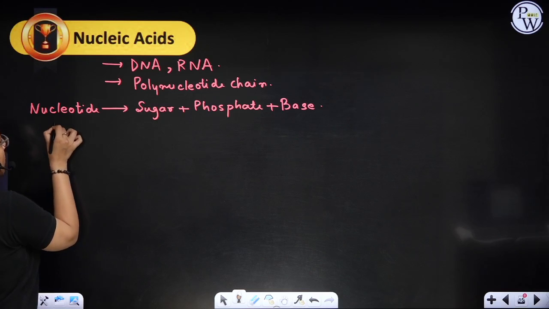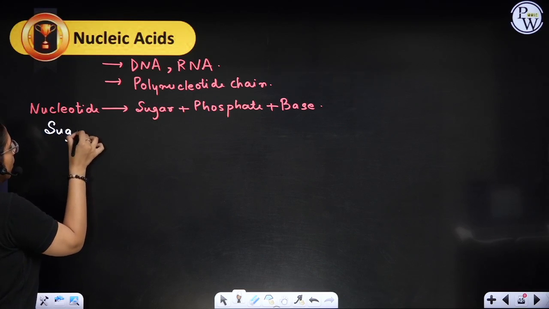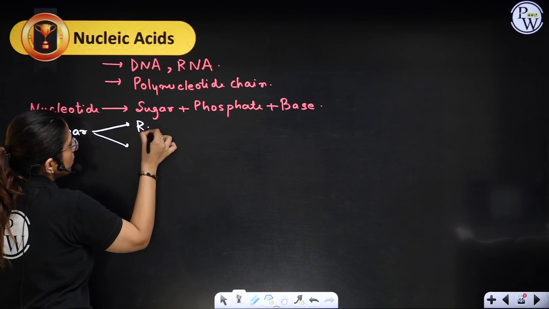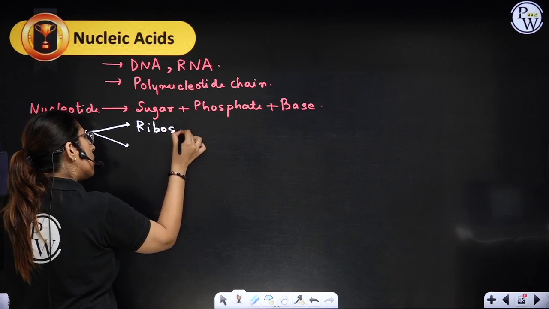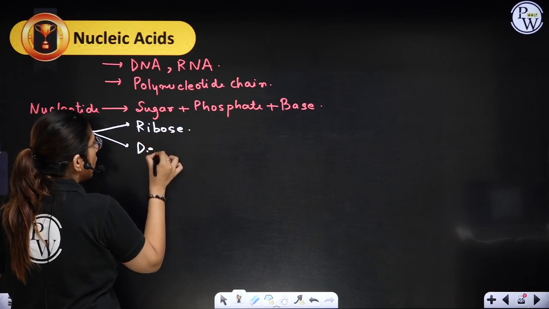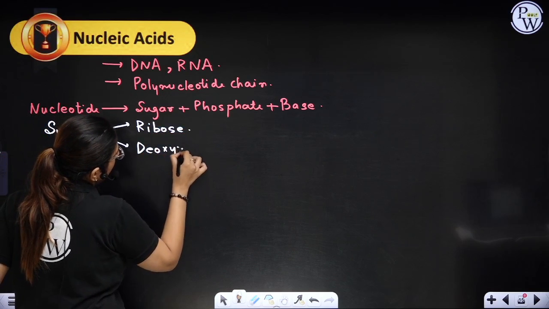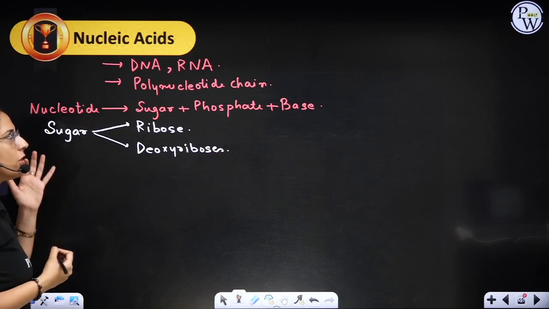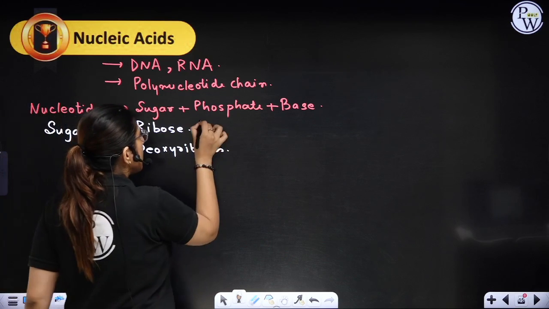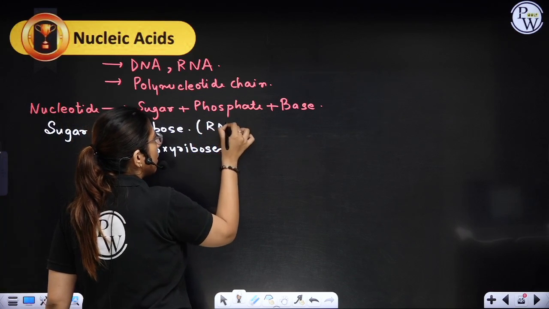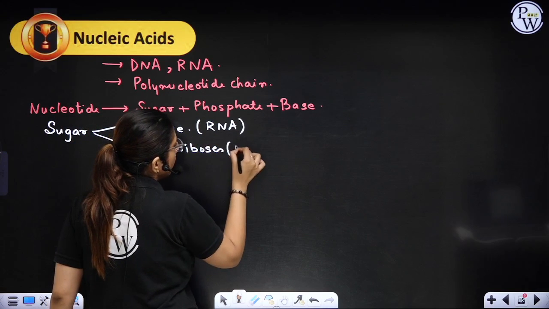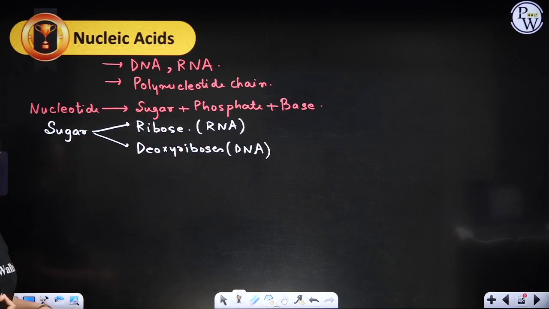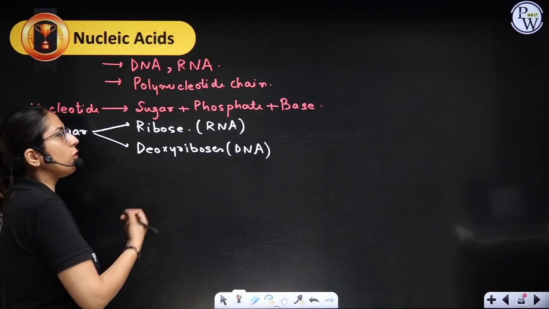So the sugar present in them can be ribose or it can be deoxyribose. Ribose is found in RNA and deoxyribose is found in DNA. So the phosphate group is also present.